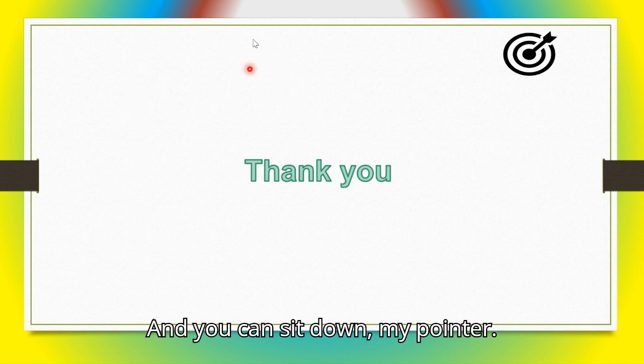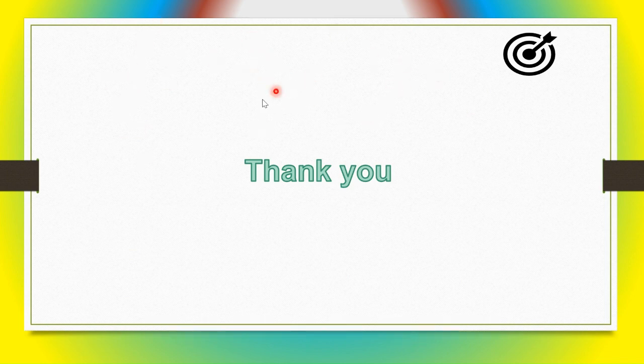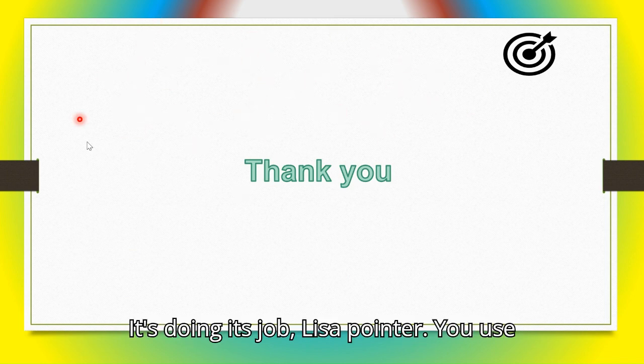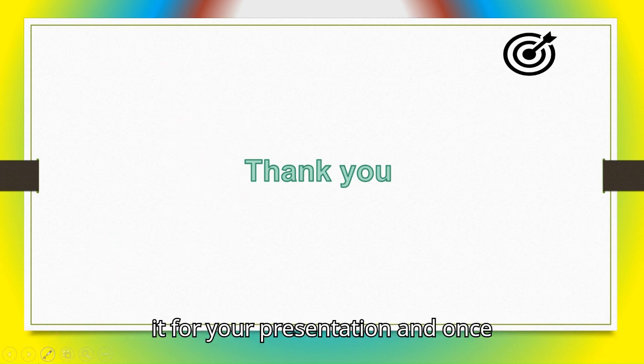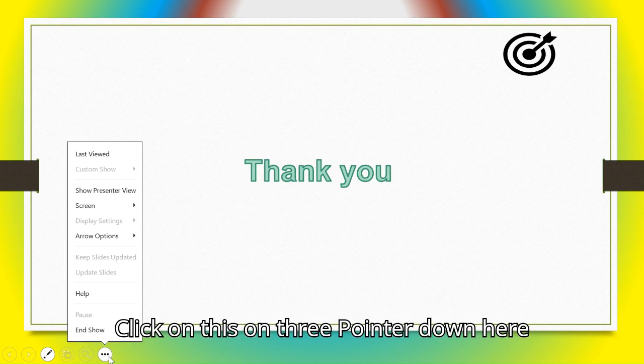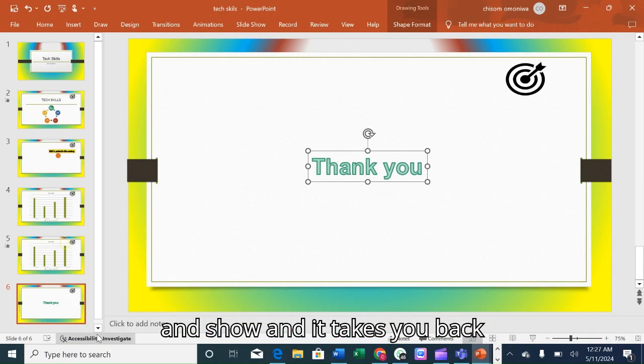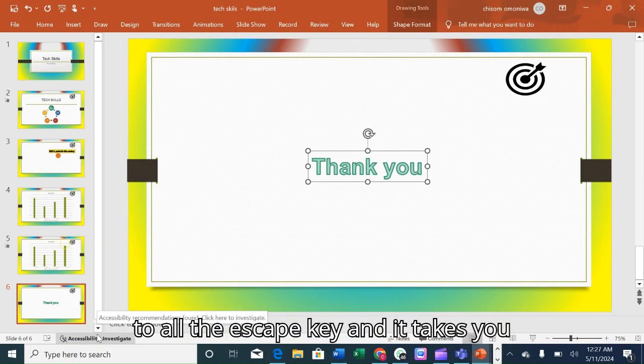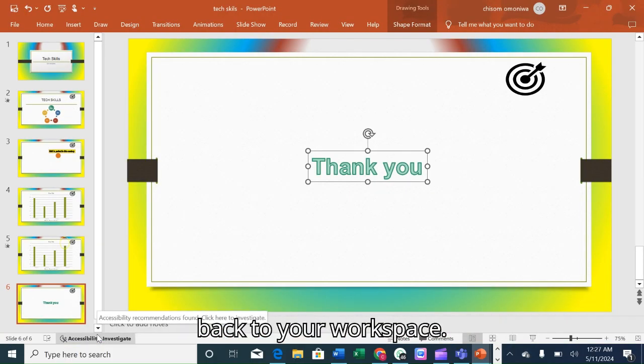You can see that my laser pointer is doing its job. You use it for your presentation, and once you're done, click on this down here, or the escape key, and it takes you back to your workspace.